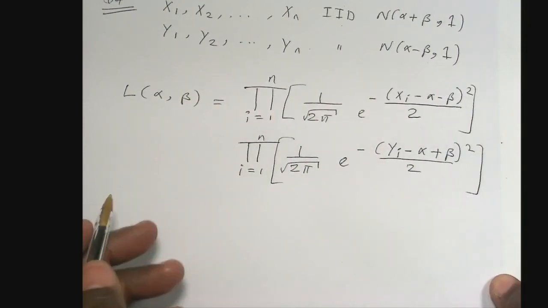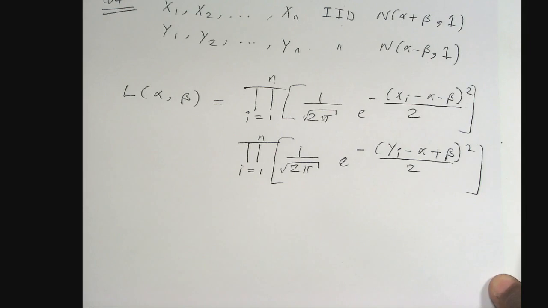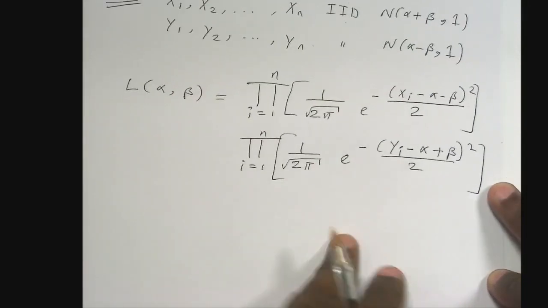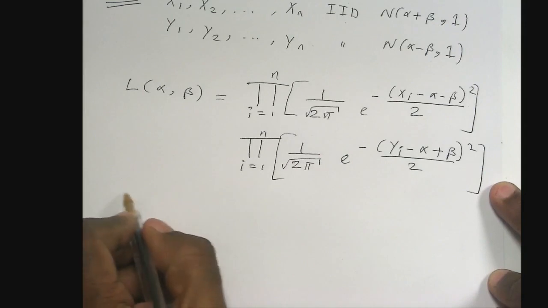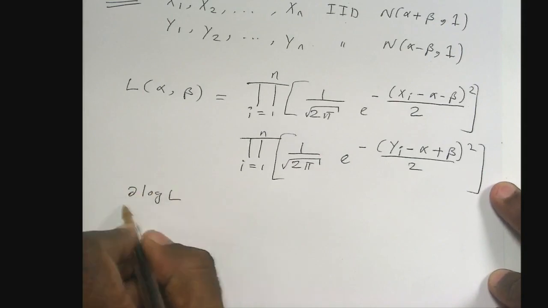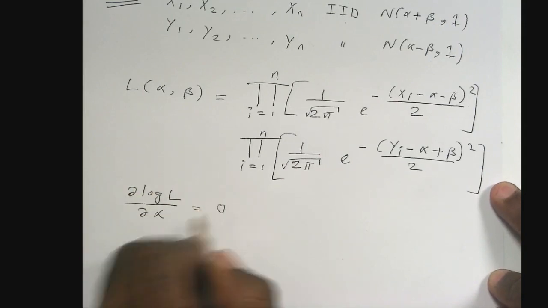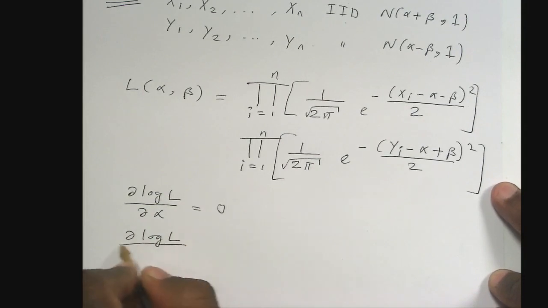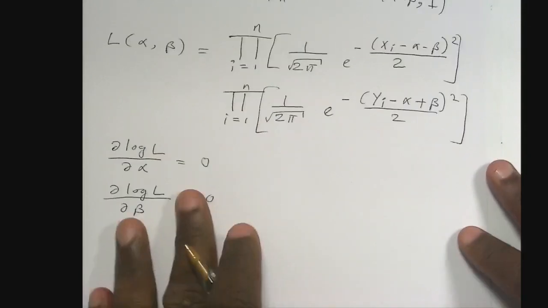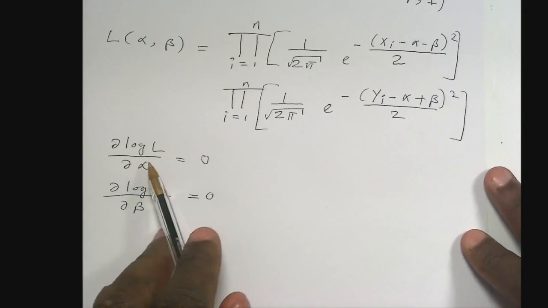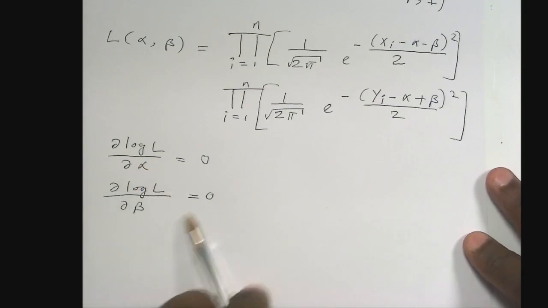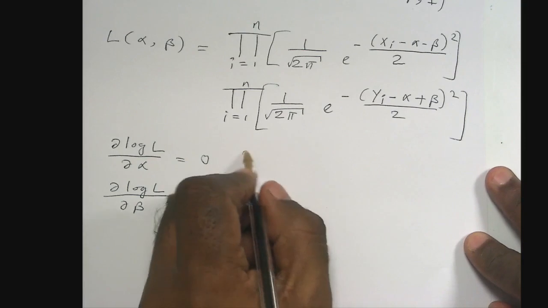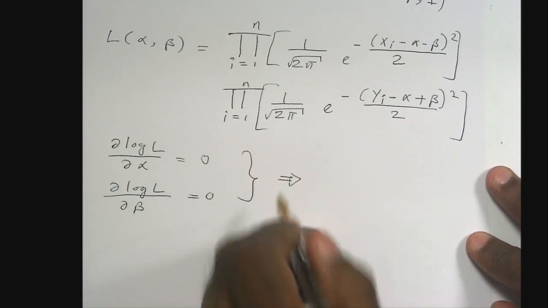Then take the logs, take the partial derivatives, and solve the two equations, and eventually you will get the same answer that we got earlier. You solve these two equations, that the partial derivative of the log with respect to alpha and with respect to beta are equal to 0.